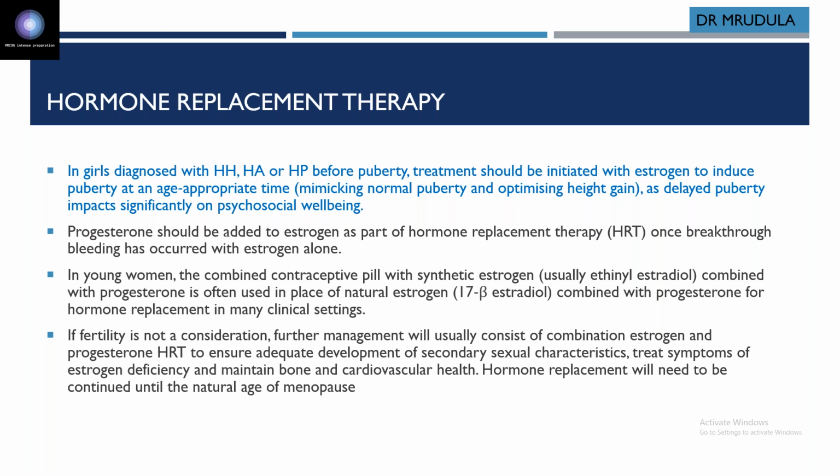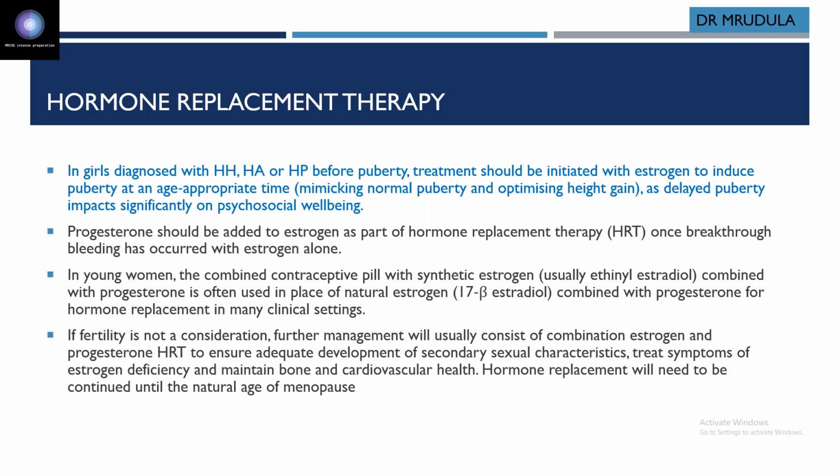In young women, the strategy they previously used was combined pills. Okay, combined pills were used in place of natural estrogen for hormone replacement therapy. But the Endocrine Society has not recommended this. I will come to this later. COCs are usually not given for maintenance of menstruation in these patients.